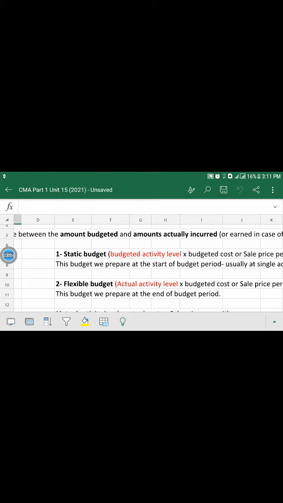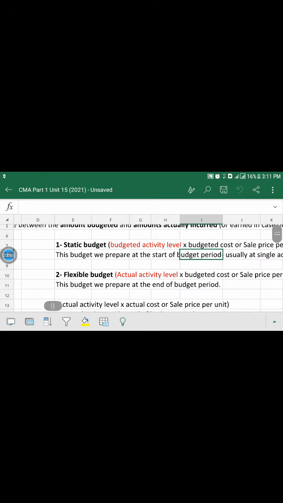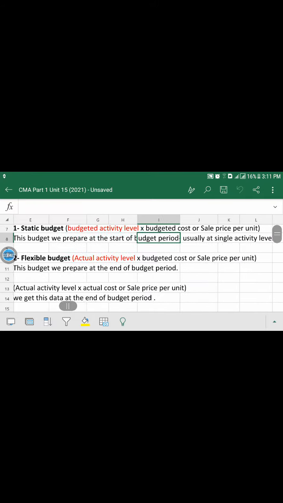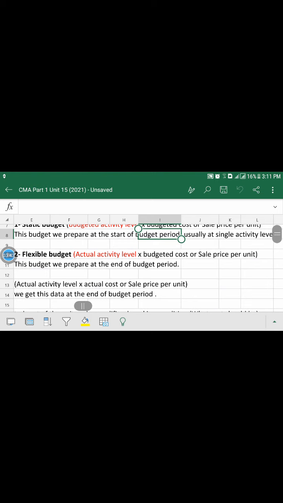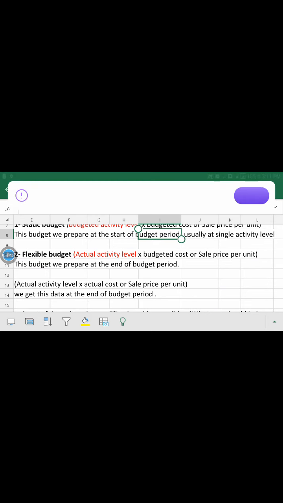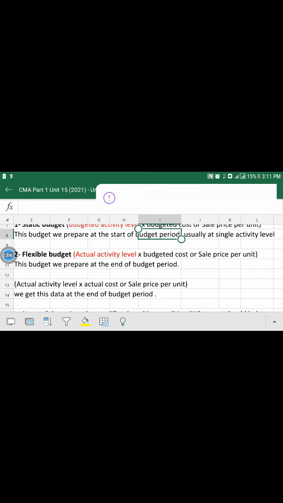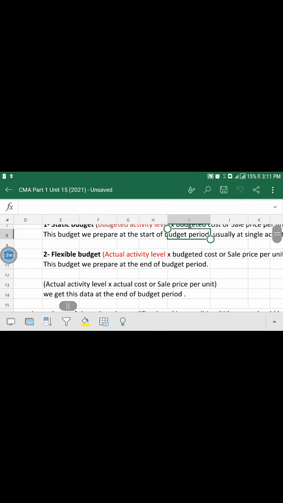So the static budget is prepared at the beginning of the period, and there is another budget called the flexible budget. The flexible budget we prepare at the end of the period, and its formula is the actual activity level into the budgeted standard cost or sales price.